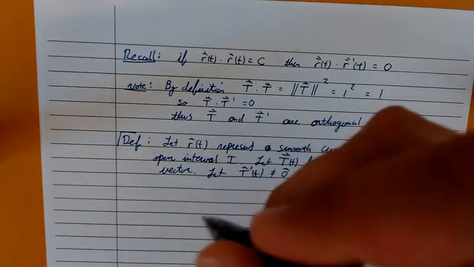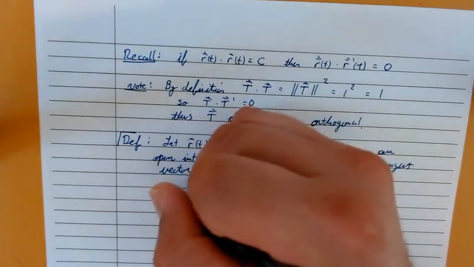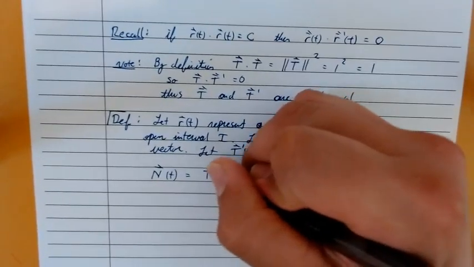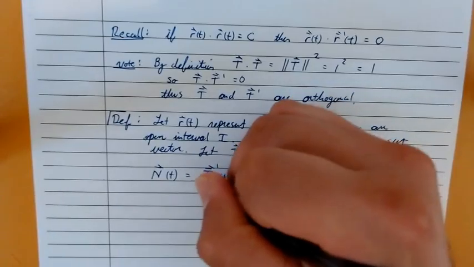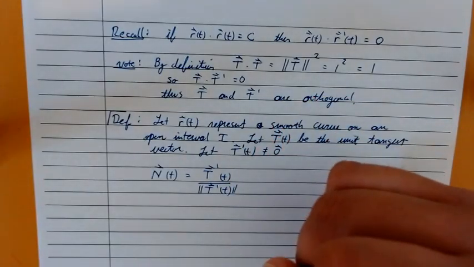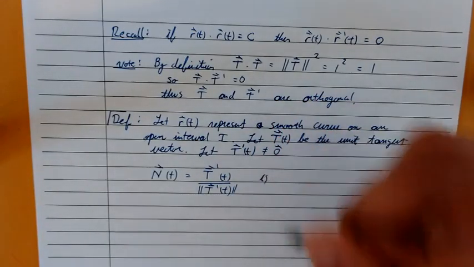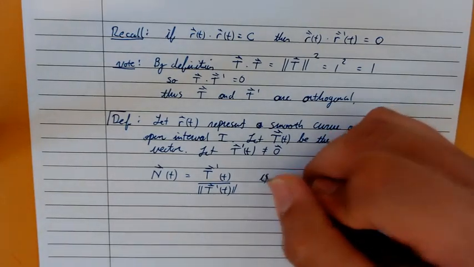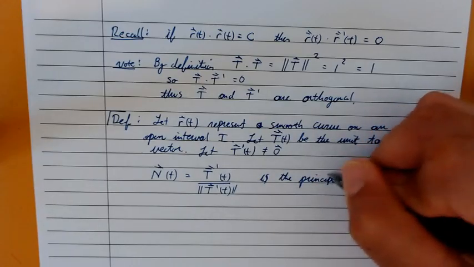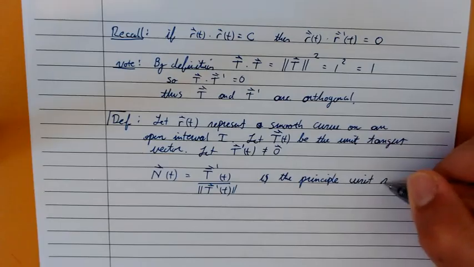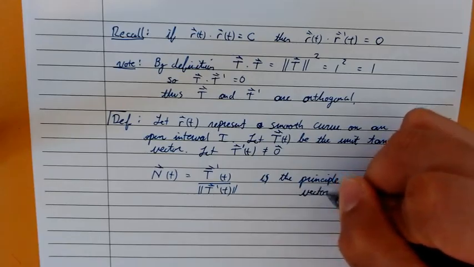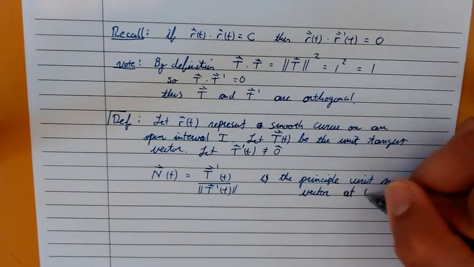Then, what we're going to call N of t, given by the derivative of T over the magnitude of the derivative of T, is called the principal unit normal vector at t.